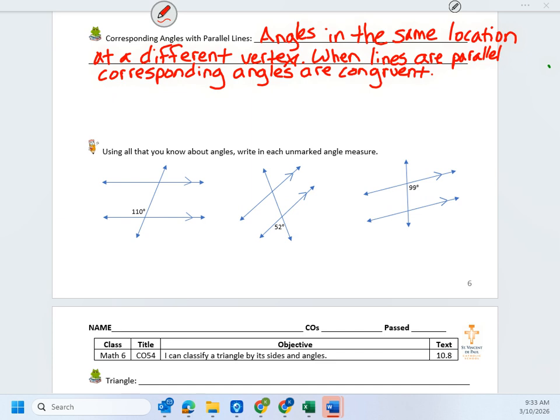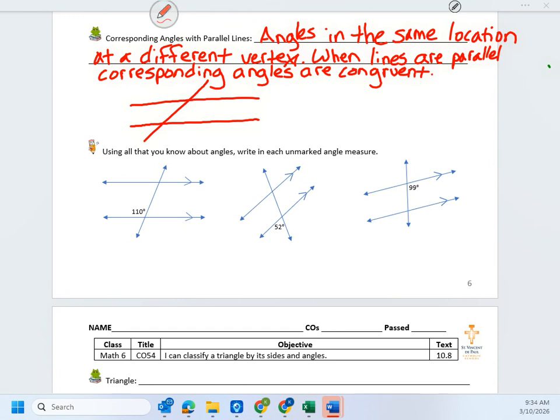What does it mean to be parallel? Michael? They never meet. Yeah, 2 lines that will never meet. They go straight along next to each other, never meeting. So we're gonna have 2 parallel lines, and then we have a line that intersects them like that.